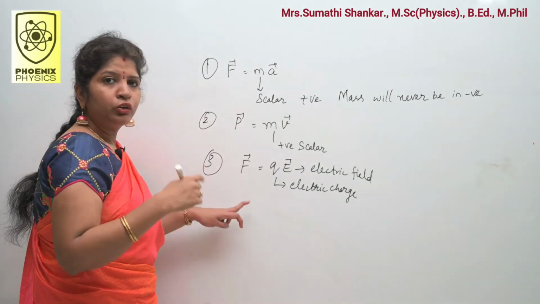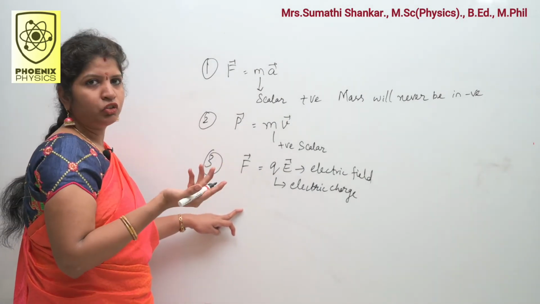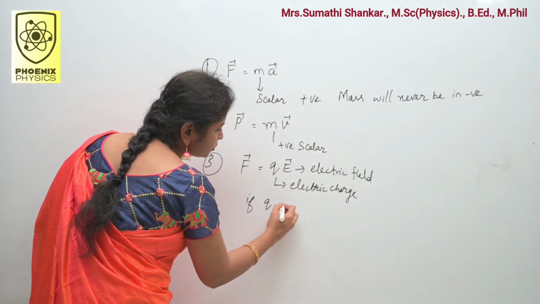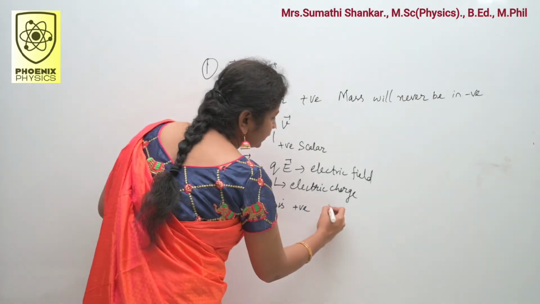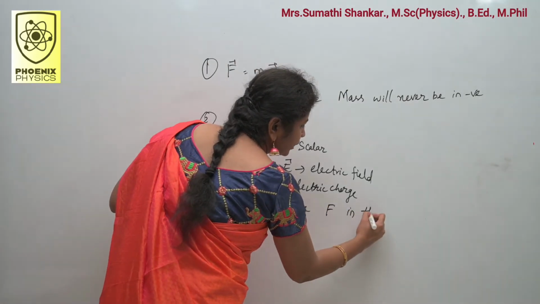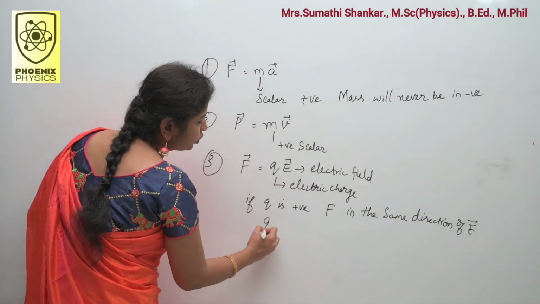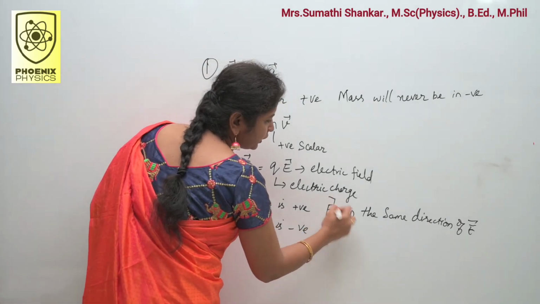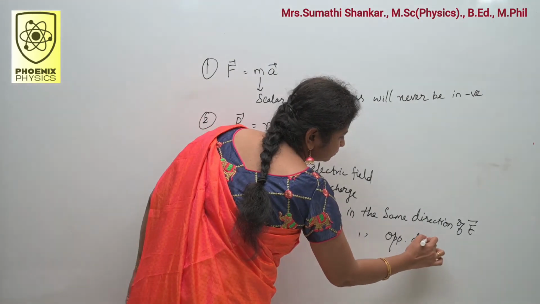Here Q can be positive charge or negative charge. Suppose if Q is positive means the force is in the same direction of E. Suppose if Q is negative means force is in the opposite direction of E.